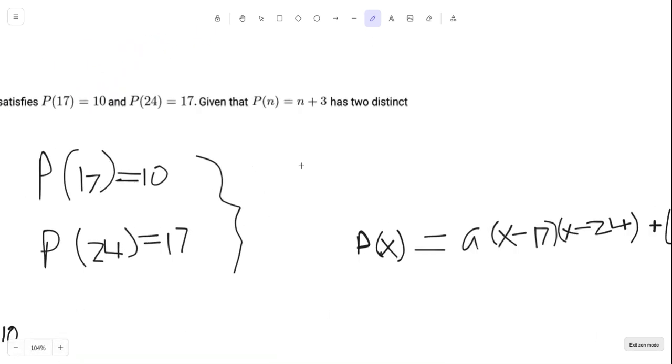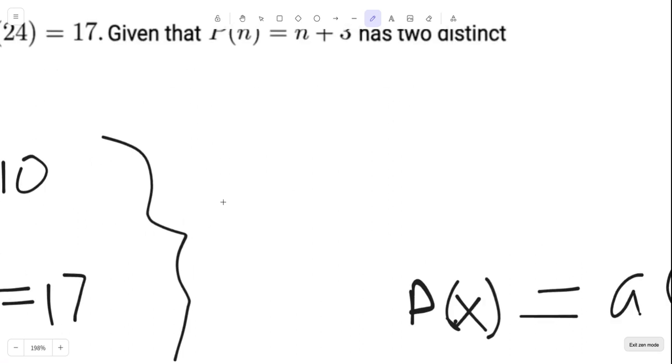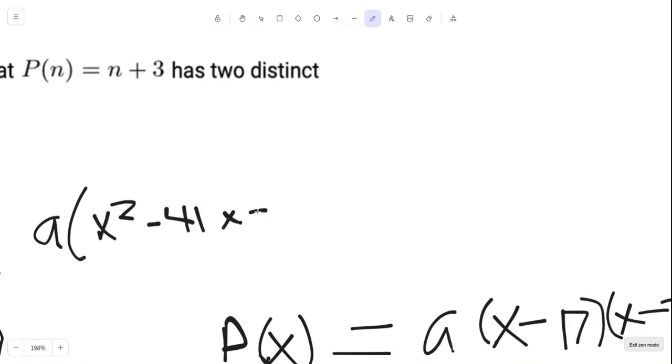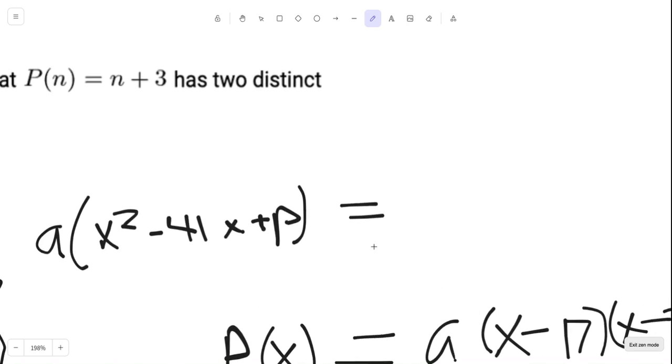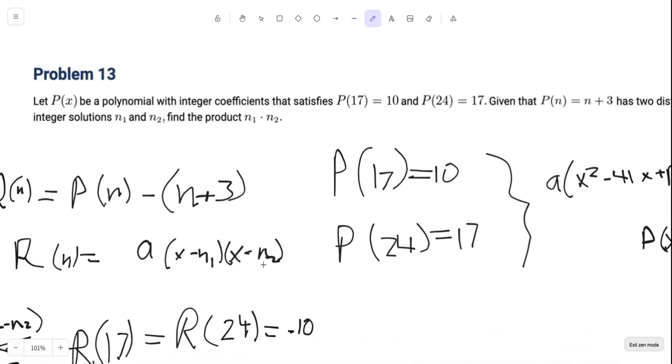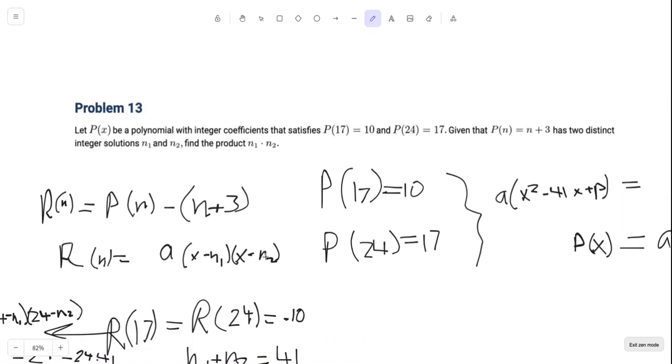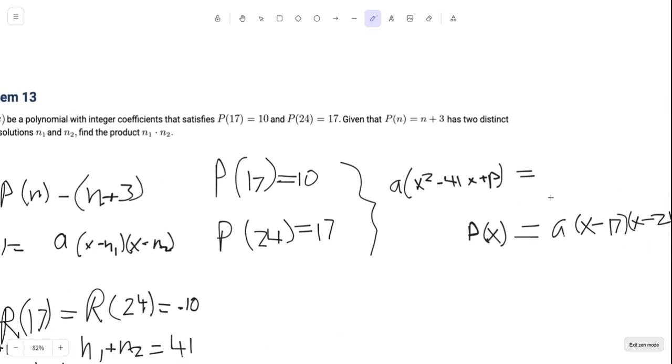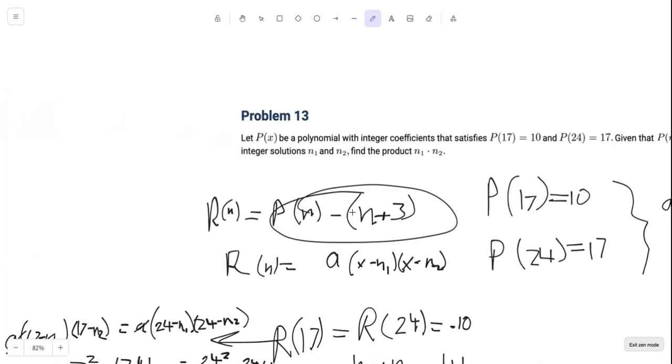I'm going to expand it in quadratic form: x squared minus 41x plus their product is equal to r of x, which is p of x minus n plus 3.